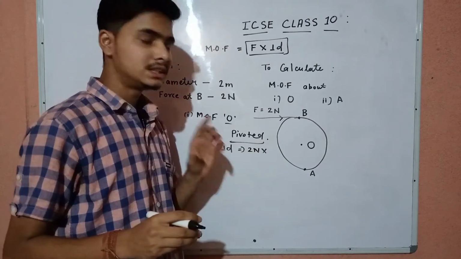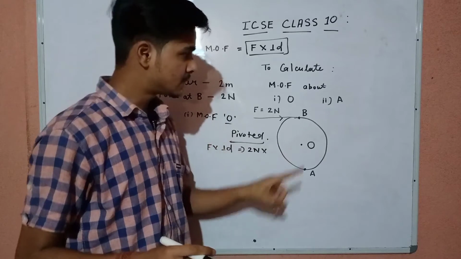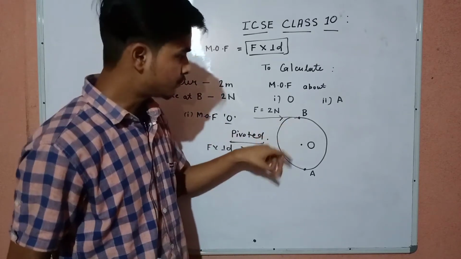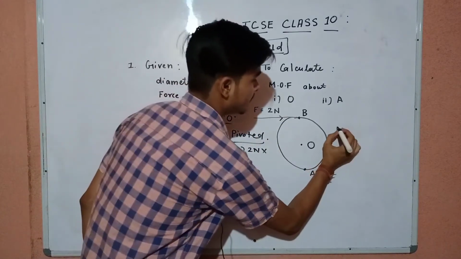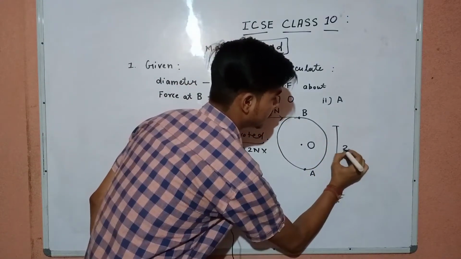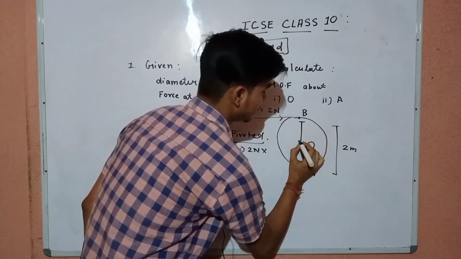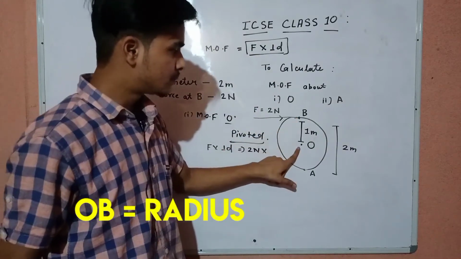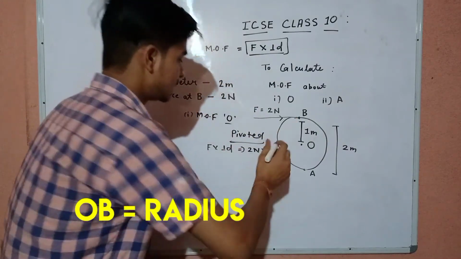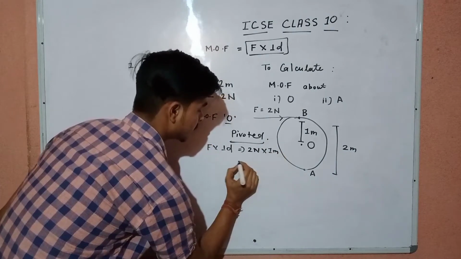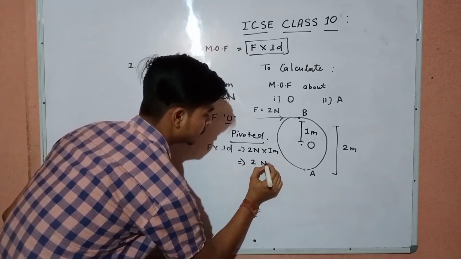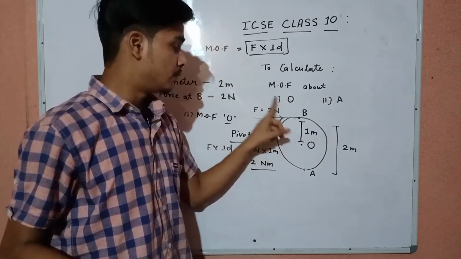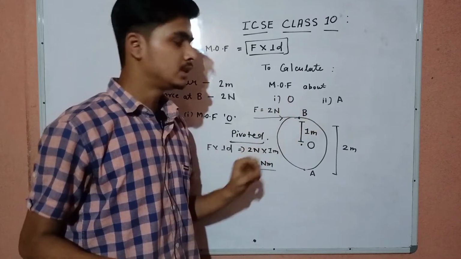It is the distance from the pivoted point, which for the first question is O. The diameter is 2 meter, so the distance from B to the point O will be 1 meter. So our answer for the first question is 2 Newton meter. This is the required moment of force about the point O.